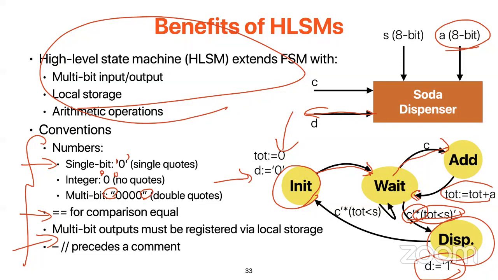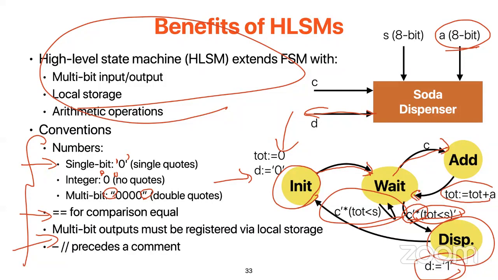That's the high-level state machine for the soda dispenser. If that's not the case, meaning I'm not putting in a coin and the total that you put in is still smaller than the amount of money you should give to get that soda, then we stay at wait and see if the user gives us more money.